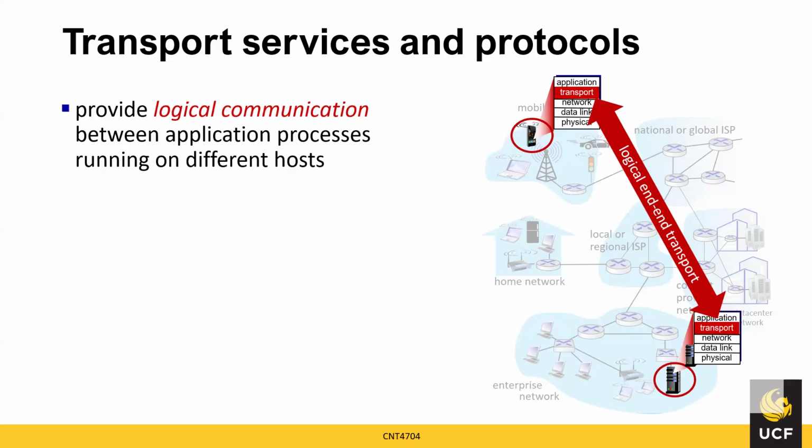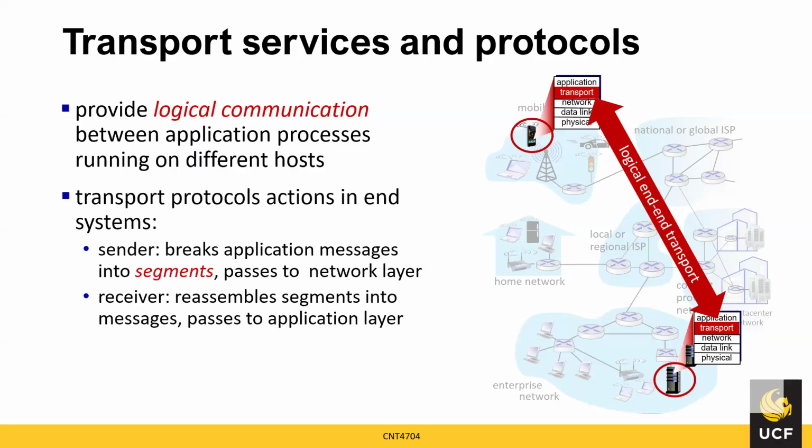So when we see the arrow up top that says logical end-to-end, what that means is that even though the packets actually travel hop by hop through routers and networks, from the application's point of view, it looks like a straight line between the two applications or the two hosts. So that is the idea with the transport layer.